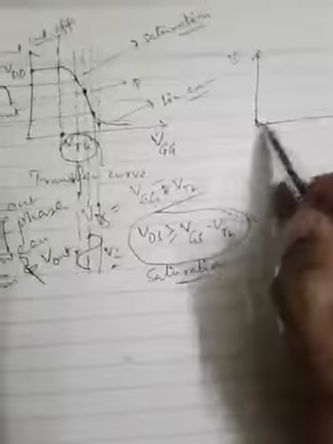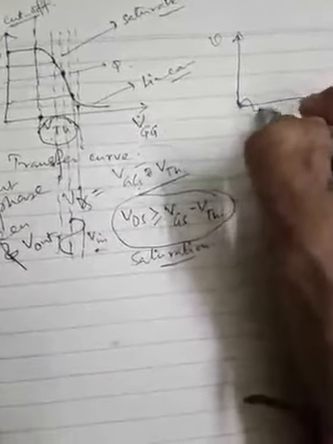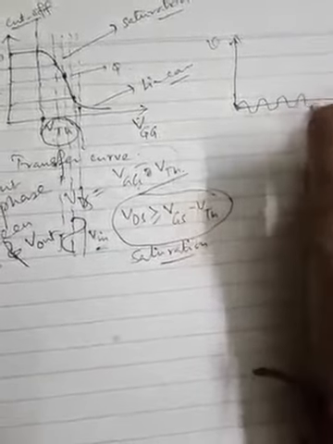What does it mean? It means we are having 0 as the DC value, and over and above we have applied a sinusoidal signal like this.